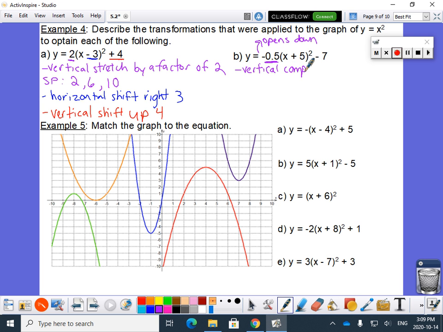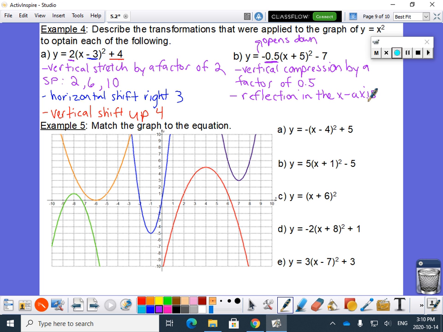And if you're not remembering this, guys, go back to the summary page. By a factor of 0.5. Now, because it is negative 0.5, we have learned that if A is negative, there is also a reflection in the x-axis.